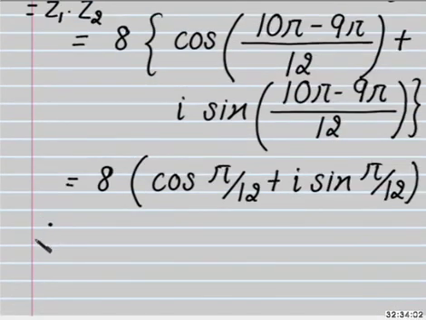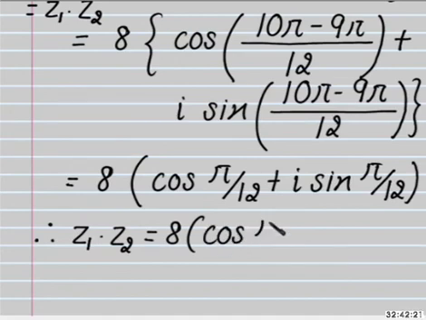Therefore, the product of complex numbers, that is Z1 into Z2, is equal to 8 into cos pi by 12 plus iota sine pi by 12.